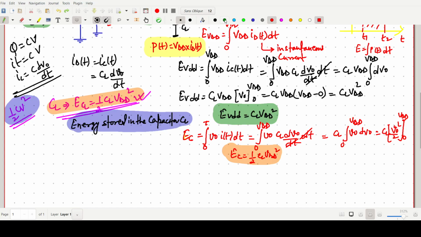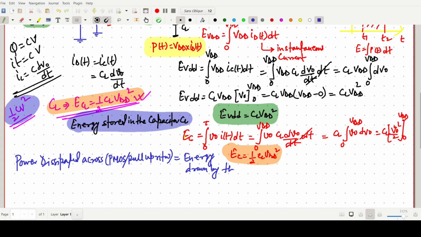We can write the power dissipated across the PMOS, or we can say the pull up network, will be the total energy drawn by the supply minus the energy stored in the load capacitance.